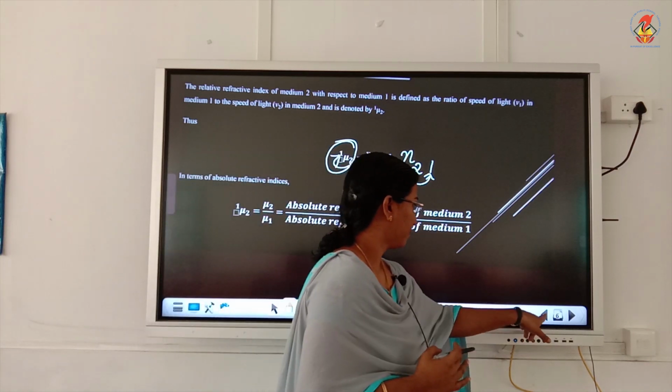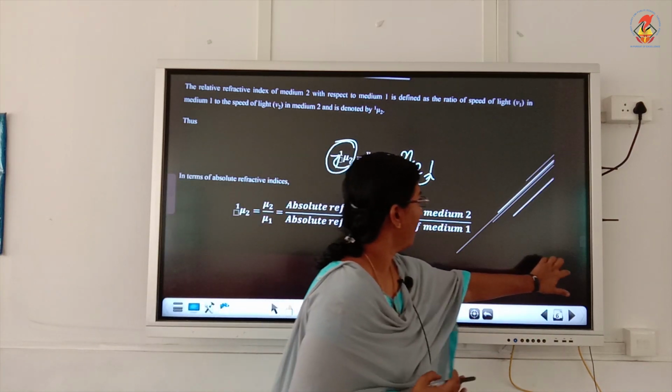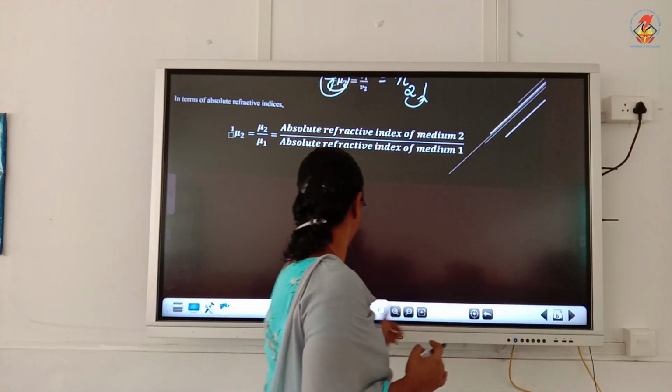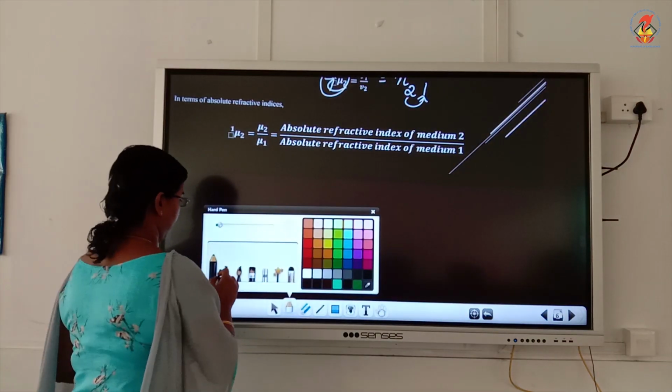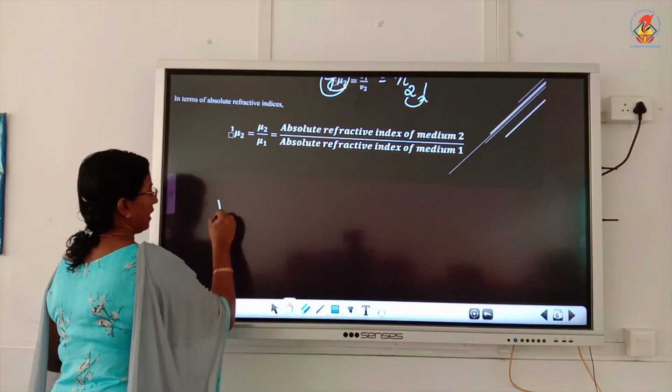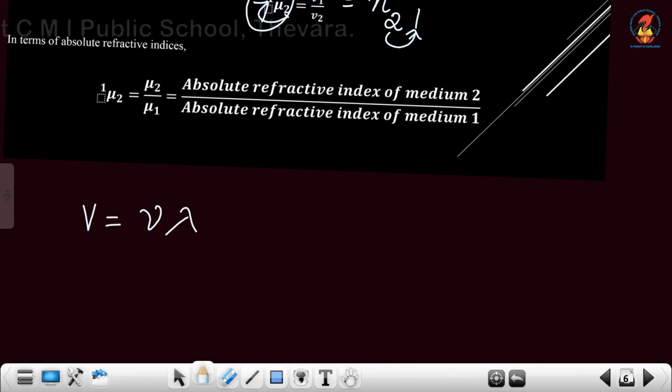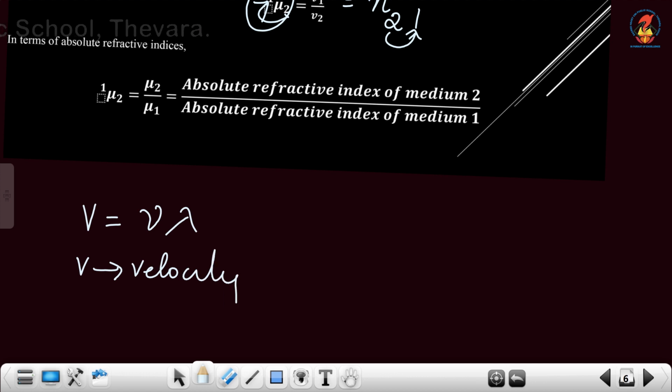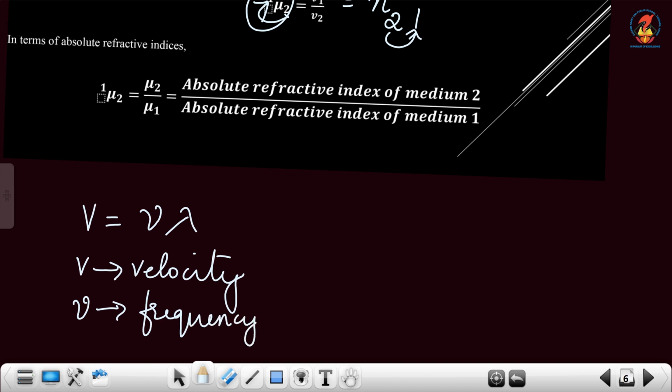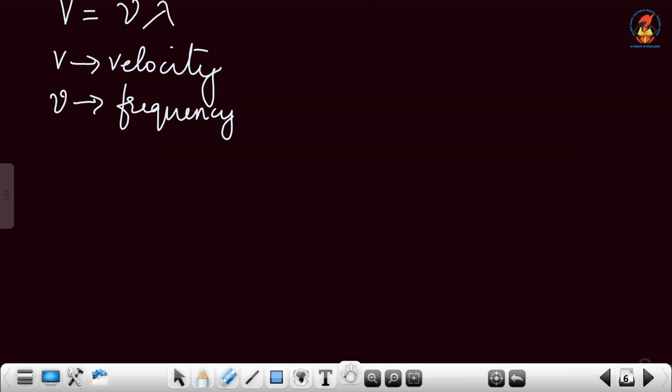Now, we know the equation V is equal to nu lambda, where V is the velocity, nu is the frequency, and lambda is the wavelength.